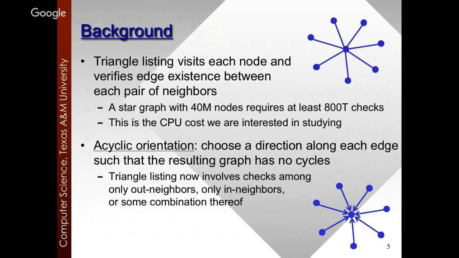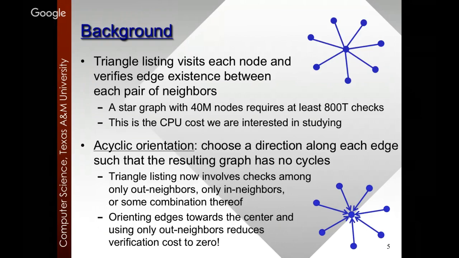So for example, like this. And when the graph is oriented, the triangle listing problem will now only involve checking among only out neighbors or in neighbors or a combination of these two. Since now we don't have any cycles in the graph, the edge verification cost is 0, which is a huge improvement.